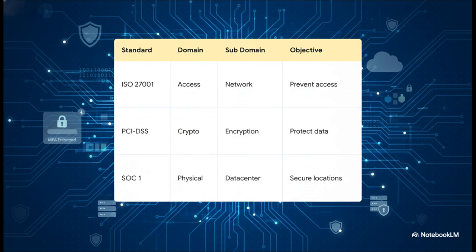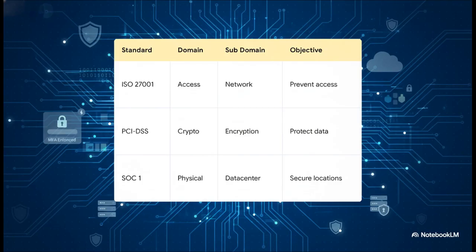For instance, whether an auditor asks you about ISO 27001 or FedRAMP, the network access subdomain dictates the exact same objective: prevent unauthorized access. So you implement this once, say, by enforcing multi-factor authentication and explicitly blocking all legacy authentication via Microsoft Entra ID, and boom, you just satisfied multiple, extremely complex compliance frameworks simultaneously.